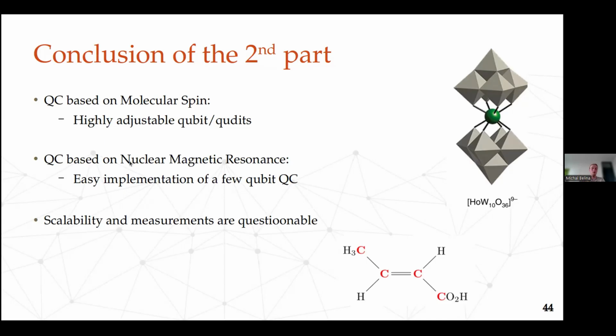The biggest advantage of quantum computers based on nuclear magnetic resonance is that they are easily creatable: you can just buy the molecules from Sigma Aldrich, put them in a modified NMR, and here we go. But the scalability and measurement are questionable in all cases.